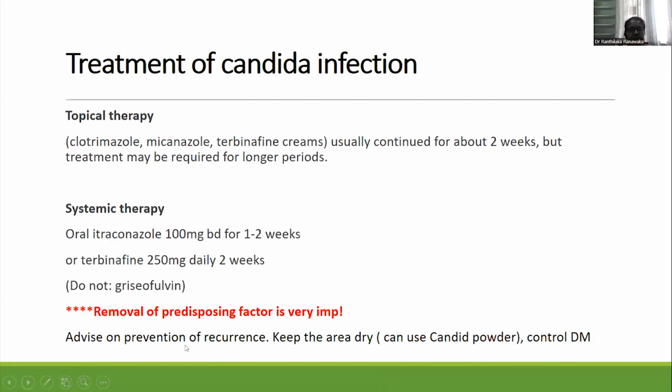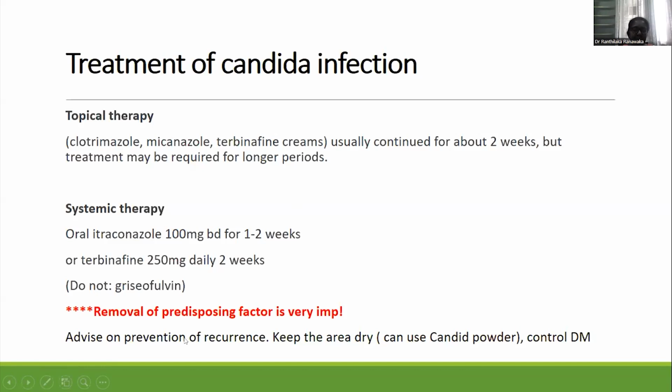So advice for prevention of recurrence, keep the area dry. To keep the area dry on submammary areas and in obese people on flexures, we can use candid powder. It is a powder plus there's antifungal. So you can use candid powder and control diabetes.